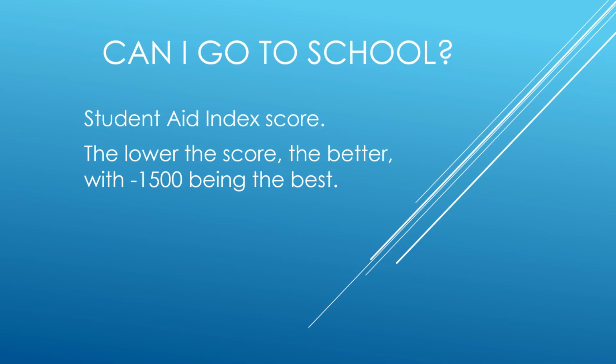Once you complete the FAFSA, there's going to be what's called a Student Aid Index score. The lower the score, the better, with negative 1500 being the best score possible. The lower the score, the more Pell options you will be able to get.